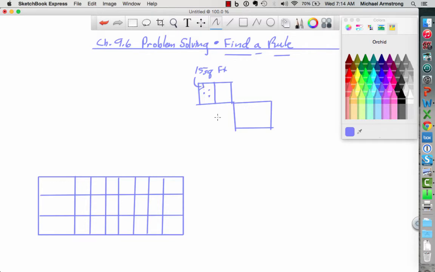So we have to make a chart, and we've been practicing making these. The question is what you need to find. What do I need to find out? And it really says, what is the area of the dig?